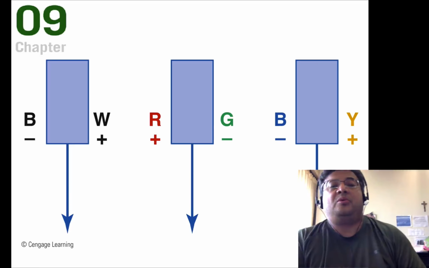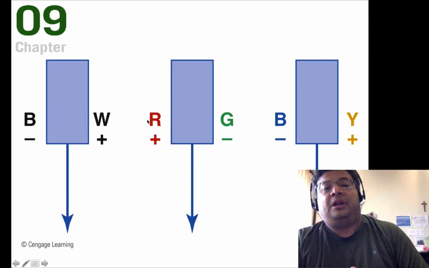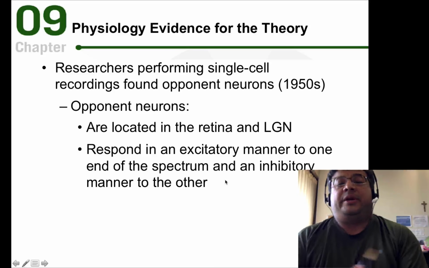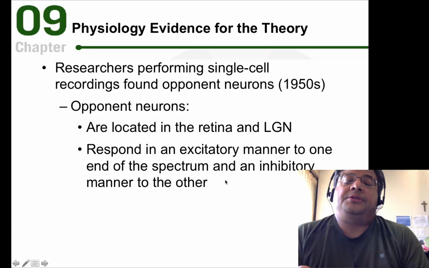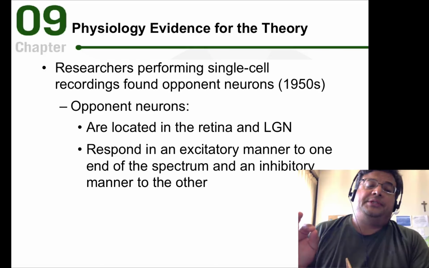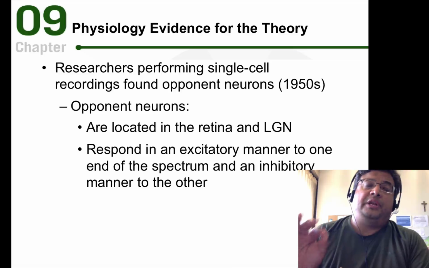We actually did record single neurons that would fire a lot when they're stimulated by red and not fire at all when they're stimulated by green. These neurons were located in the retina and also in the lateral geniculate nucleus, which is one of the first relay points that visual information hits when it goes into your brain.